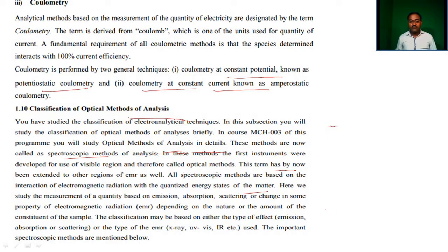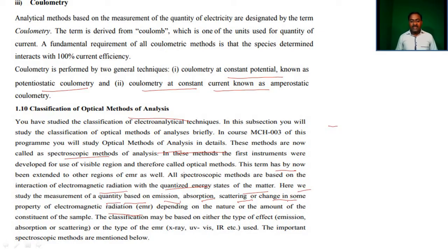All spectroscopic methods are based on the interactions of electromagnetic radiations with the quantized energy states of matter. Here, we study the measurement of a quantity based on emission, absorption, scattering, or change in some property of electromagnetic radiations, which depends on the nature or the amount of the constituent of the sample.